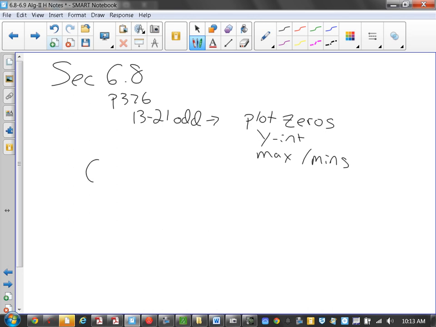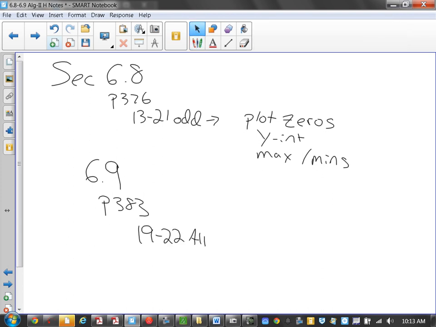Yeah. And then the 6.9 stuff is page 383, 19 through 22. What is it, 7, 8 problems? Probably. Shouldn't be that bad. We'll talk about how we use our graphing calculators for the funky polynomials tomorrow. And then I'll give you a couple of the word problems over the weekend, as well as some review things.